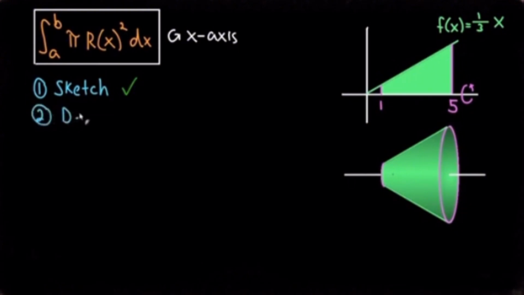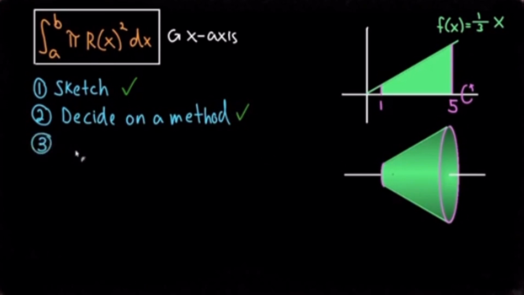But this is deciding the method, and what I mean by this is eventually we're going to have the disk method, the washer method, and the shell method. Eventually, we're going to have to decide which of these three methods is appropriate for our particular problem. But in this case, I'm telling you, we are going to use the disk method. So this decision is made for us. Okay, so again, this is our first example, so I'm keeping it easy.